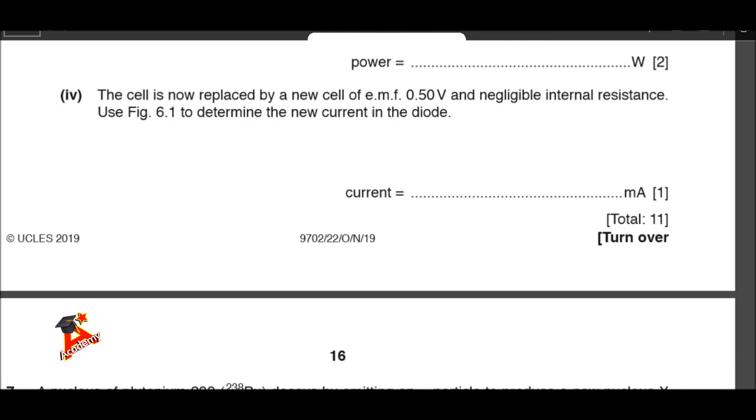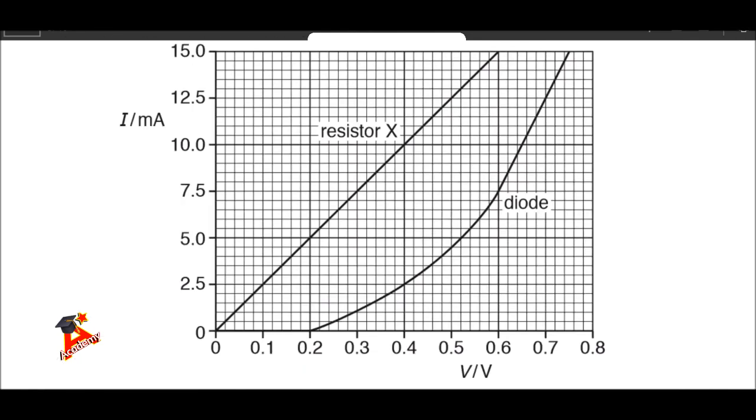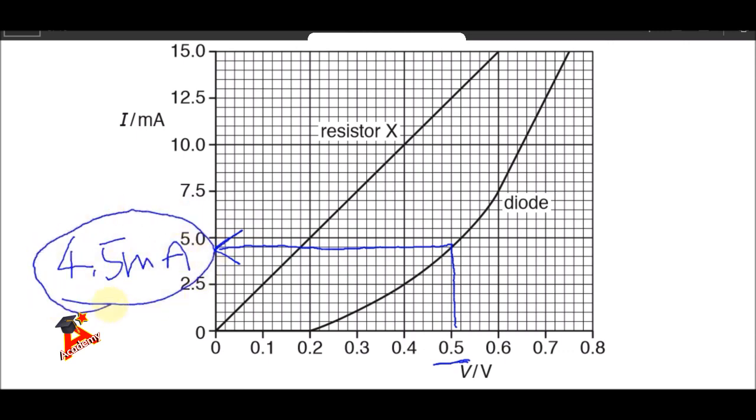At 0.5 volts, the current is 0.5 milliamps. So this is the current through the diode.